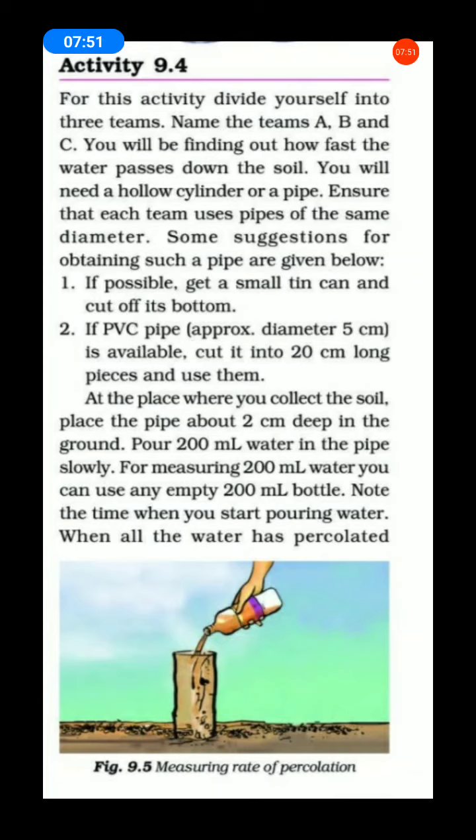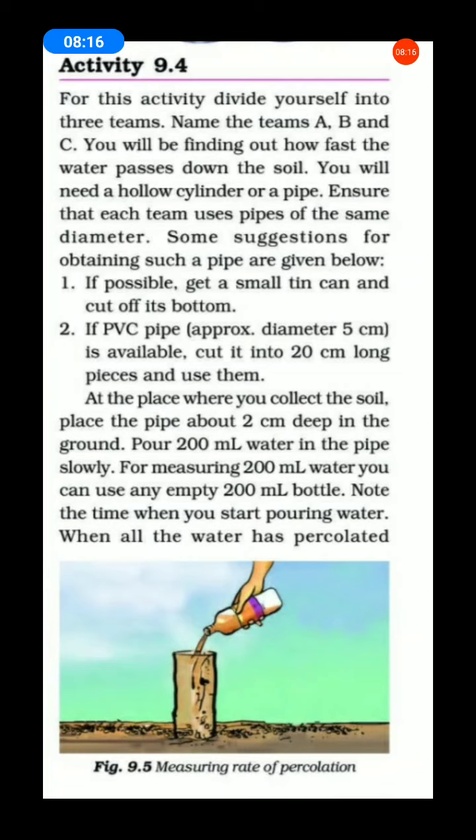Note the time when you start pouring water, and when all the water has percolated, leaving the pipe empty, note the time again. Be careful not to let the water spill over or run down on the outside of the pipe while pouring.